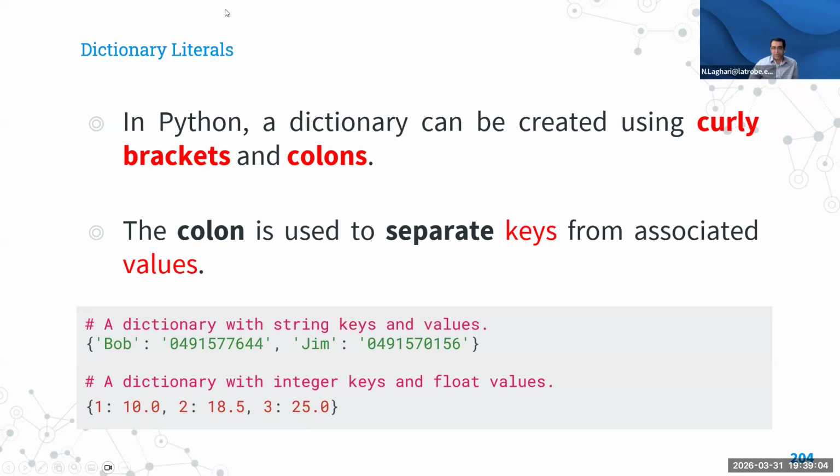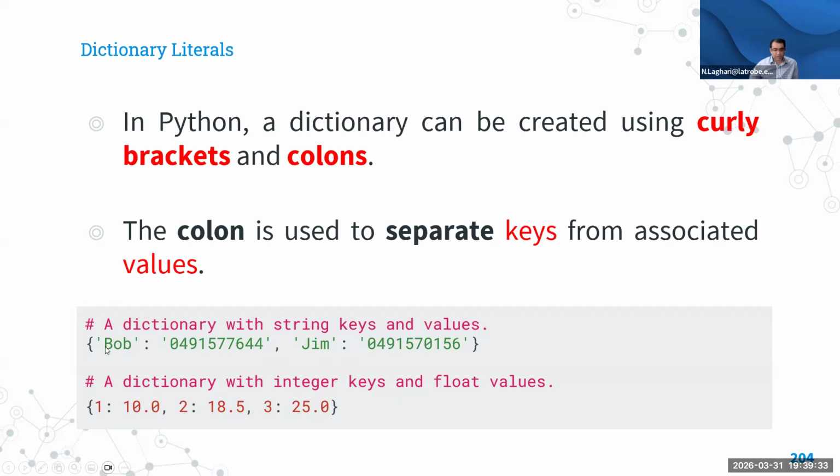In Python, we can create a dictionary using curly brackets like so, or even if we want to initialize a variable with an empty dictionary, we use open and close curly brackets. Here we have got a dictionary with string keys and values. Bob has got this value, Jim has got this value, these phone numbers.